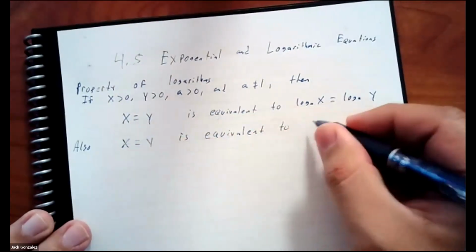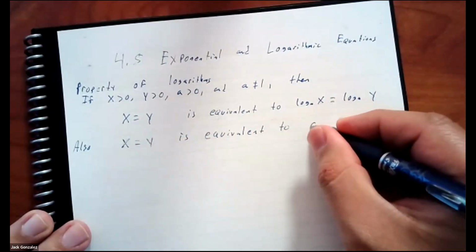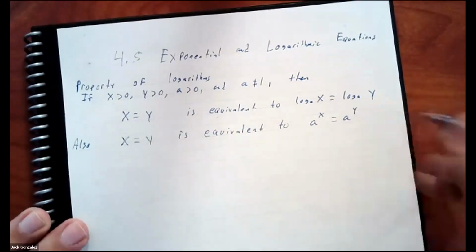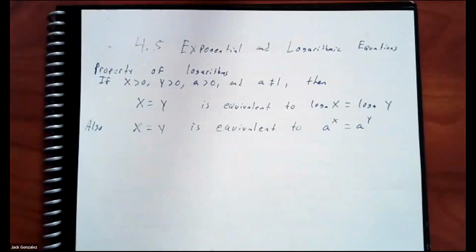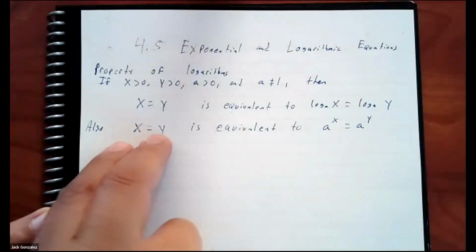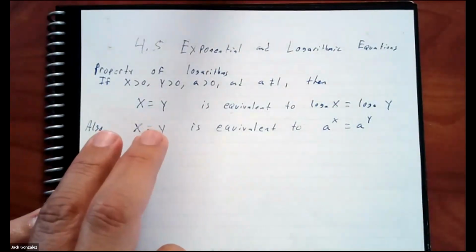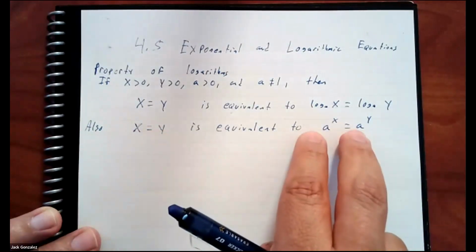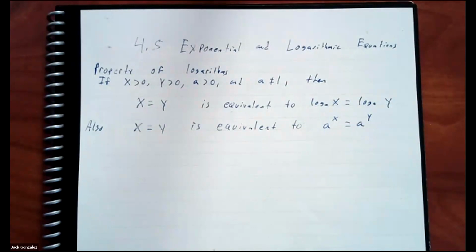Equivalent to a to the x equal to a to the y. So backwards and forwards, you could say, if you have this and the bases match, you can just set these equal to each other. Or if you have this, you can introduce any base underneath and change those things into powers. Does that make sense?